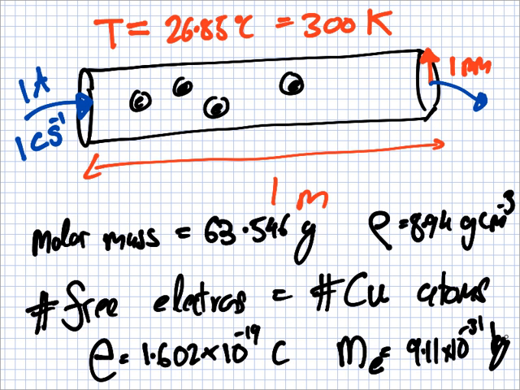So let's calculate it. First thing I want to do, I think I'd like to calculate how many atoms of copper there are. Because if I know how many atoms of copper there are, then I can know how many electrons there are, because the number of free electrons equals the number of copper.